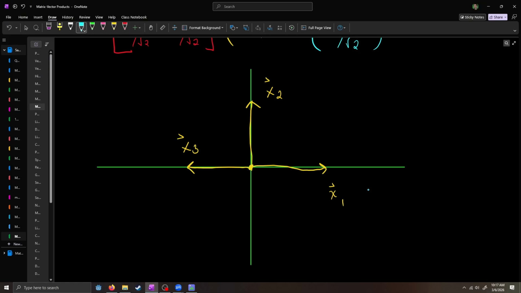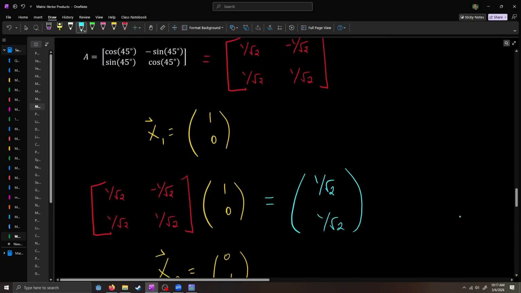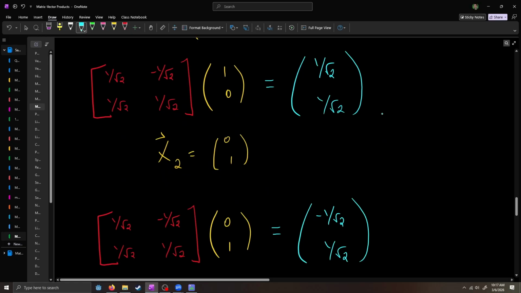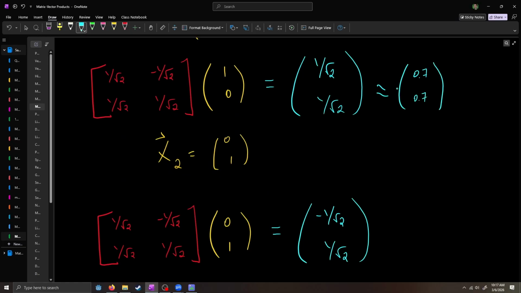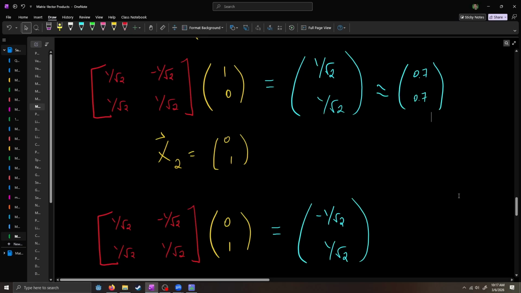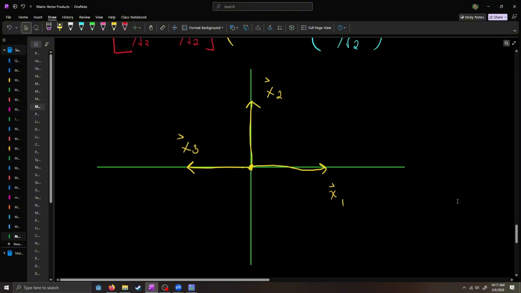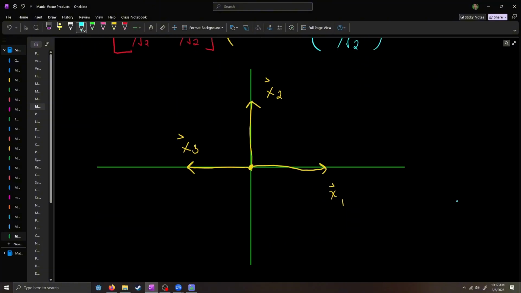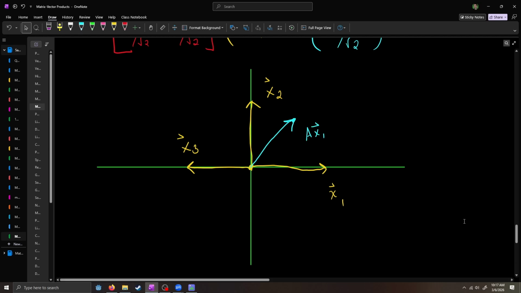Now, when we applied the matrix A to our first experimental vector, the result we got was approximately 0.7, 0.7 for the purposes of helping me graph. So that would be, roughly speaking, around here. This would be the result Ax1 after the matrix has been applied.